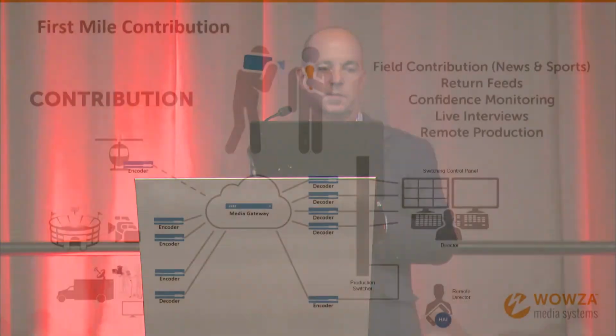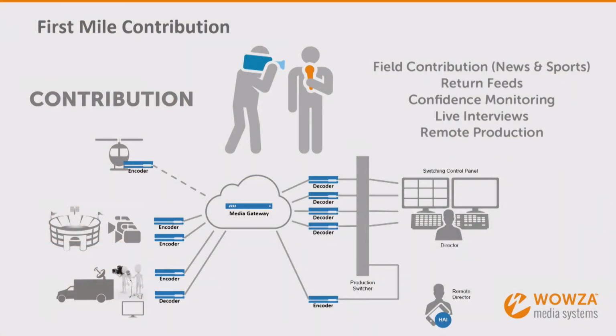Some of the key use cases for SRT. First mile contribution: there are many scenarios where you have a mobile encoder, a remote encoder, or a camera with a backpack, sending a stream over a very unpredictable network, and you need to get it to your origin.